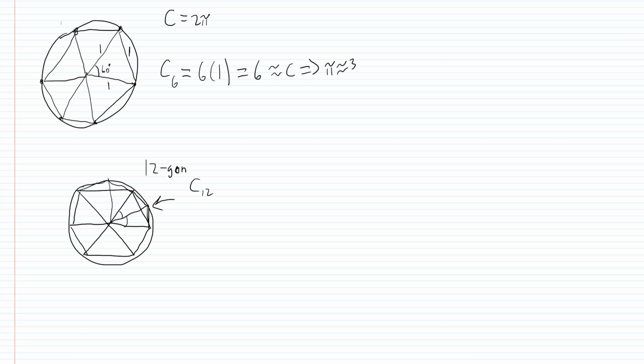But to do that, I need these lengths. So let's take a look at what we have. I'm going to draw this triangle in a blown up form. So what we end up with is this. I'll call this distance that we're after S. And both of these are of length 1 because they're both radii of the circle.